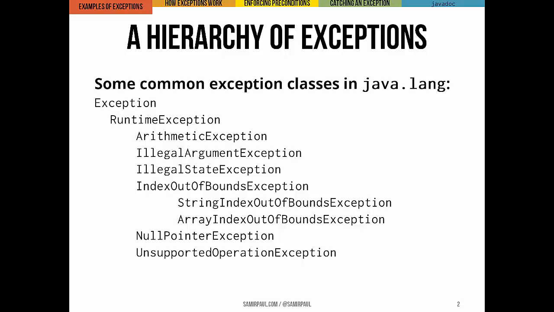An illegal state exception, illegal argument exception, you can use those to enforce preconditions, to make sure that the input to a method follows whatever rules you're setting. There are other exceptions defined in other packages like java.util, and in general, you're going to determine by yourself which preconditions you want to enforce, and then you're going to choose what kind of exception you want to throw, sort of like a little toolbox of exceptions.